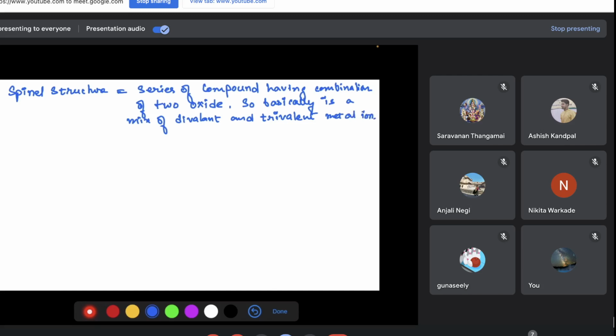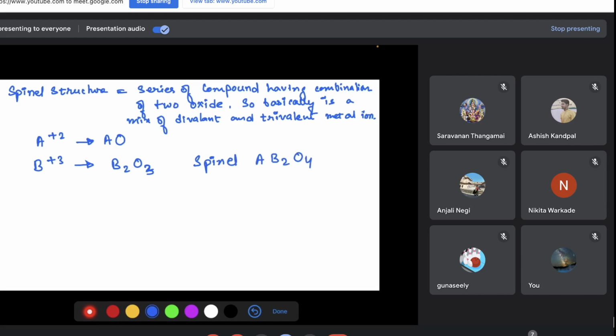By saying divalent, that is A plus 2, it will form oxide AO, and a trivalent metal ion like B plus 3 will form oxide B2O3. So my spinel will be AB2O4.